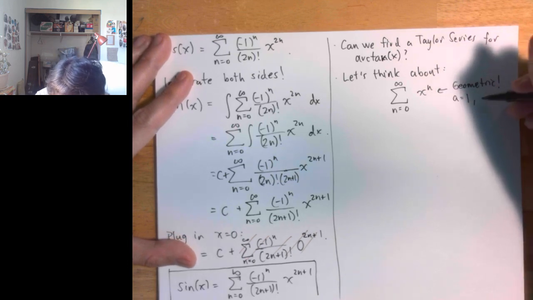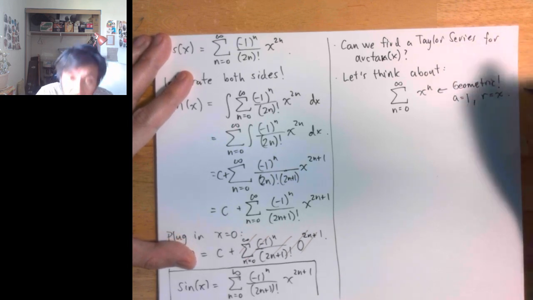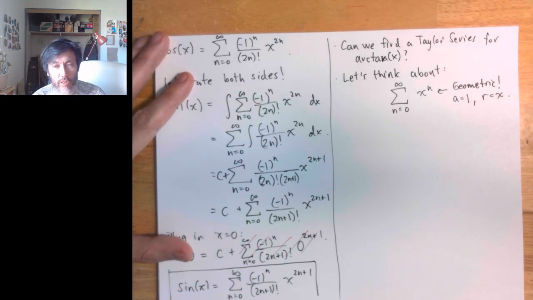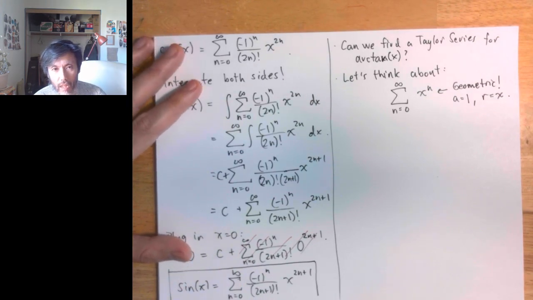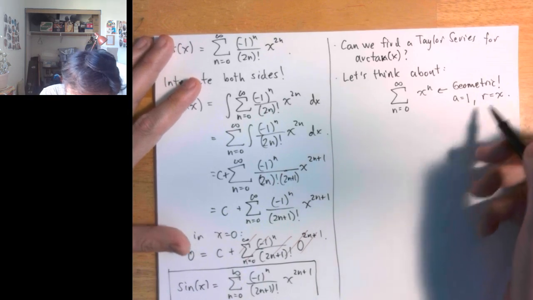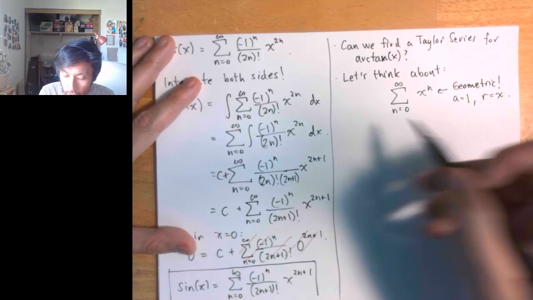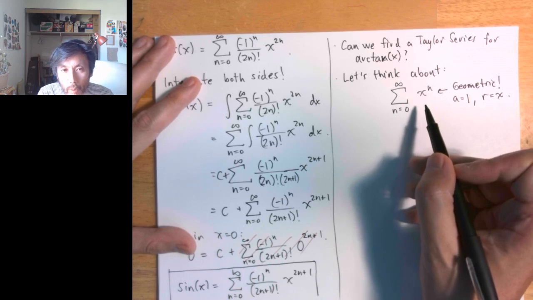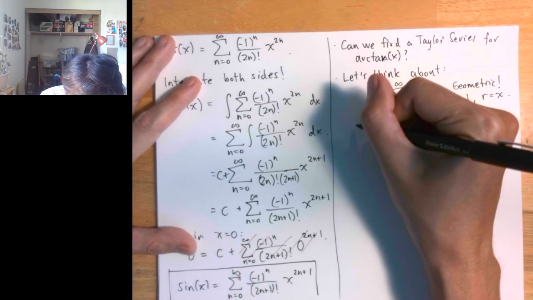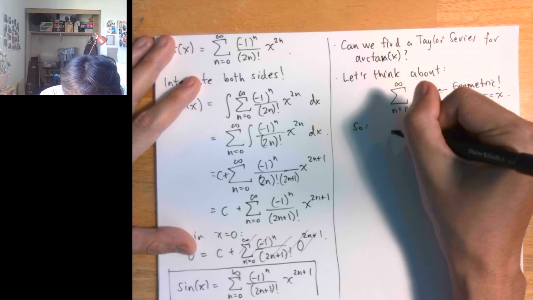It's 1 here. And what's r? It's x here, right? So it's geometric. So as long as the absolute value of x is less than 1, this thing will converge. And in fact, we know what it converges to.